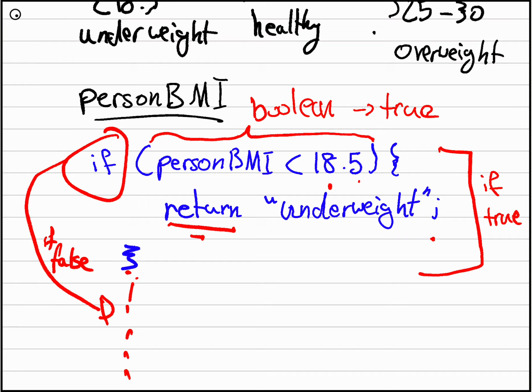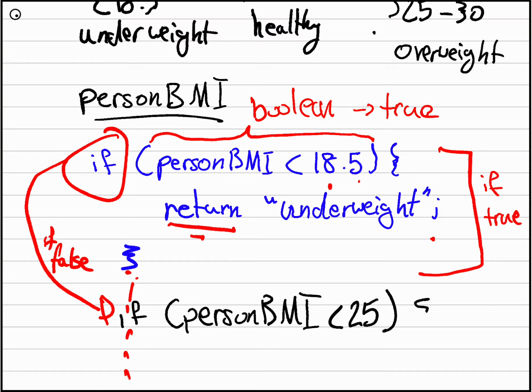Then when we have a second one, we would say if person BMI is less than 25. Right? So at this point, we know the BMI is definitely at least 18.5. You can't be like 1 and reach here, because if it was less than 18.5, the method would have returned already.